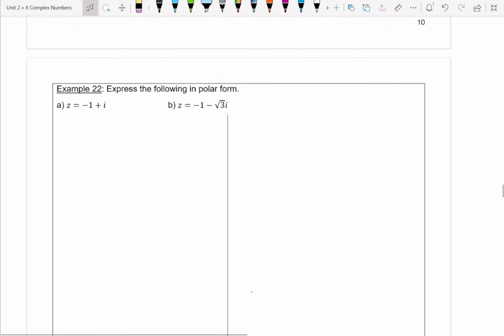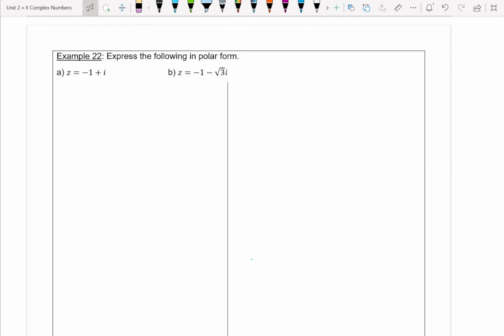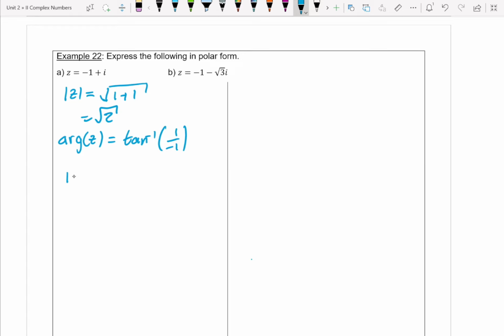So example 22, express the following in polar form. Our modulus of z is going to be the square root of 1 squared plus 1 squared, which is root 2. Our argument of z is going to be tan inverse of 1 on negative 1. So our first quadrant solution to that is going to be pi on 4.